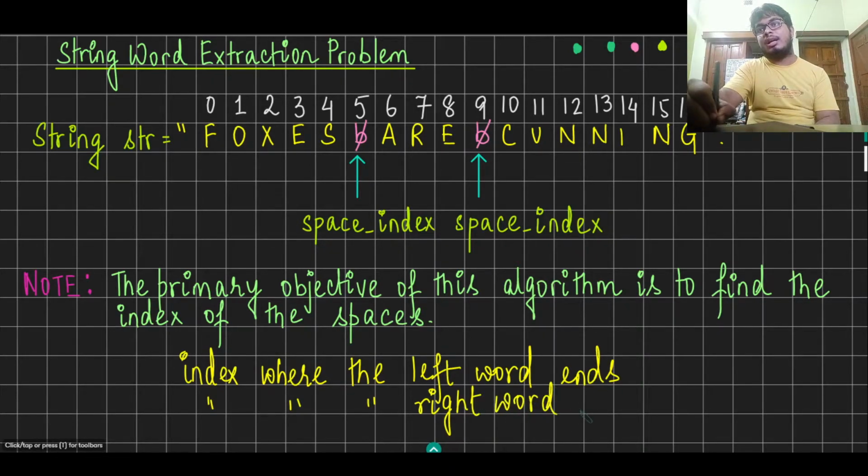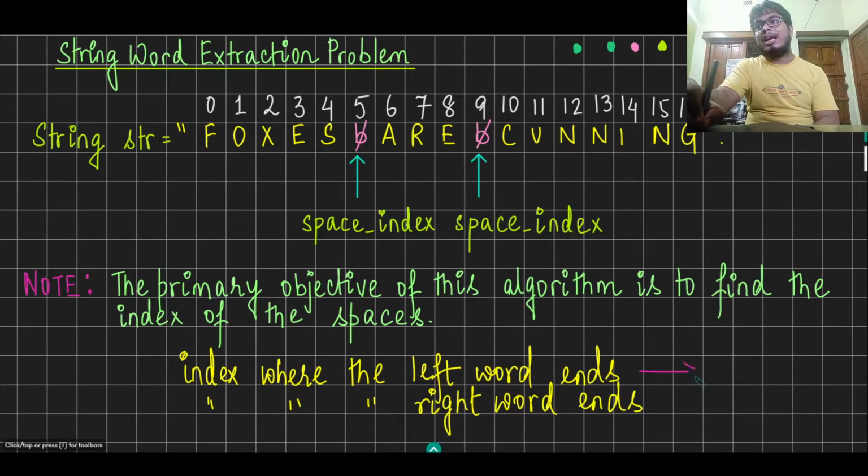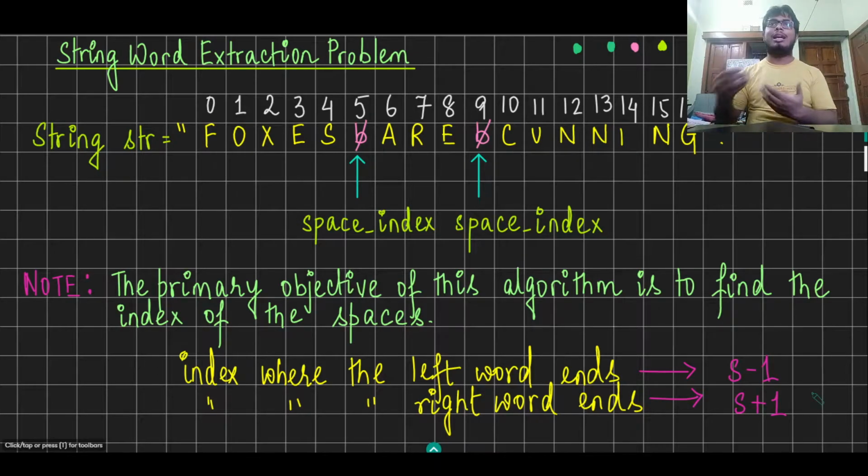So in general, if the space index is S, then the left word ends at the index S -1 and the right word begins from the index S +1. All right. Now let us look at a dry run of extraction of words.